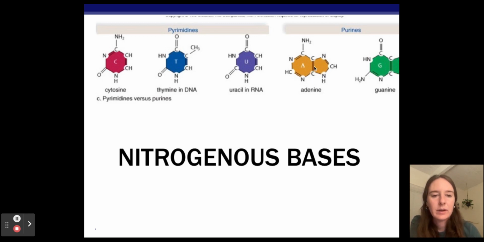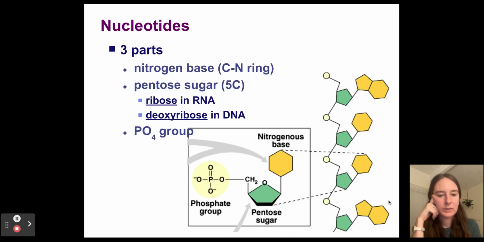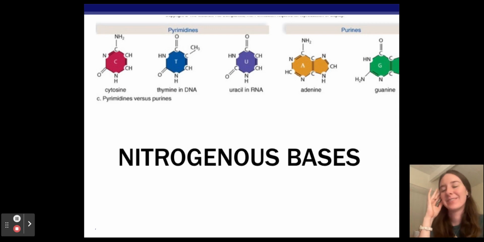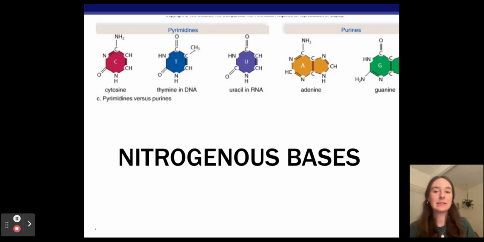So notice that guanine has 2 rings, and adenine has 2 rings. So if we look here, these 2 rings are kind of represented here on our polymer. Now, we call nitrogenous bases that have 1 ring a special name. We call them pyrimidines. I'll say that again. Maybe say it to yourself. It's kind of a fun word. Pyrimidine.